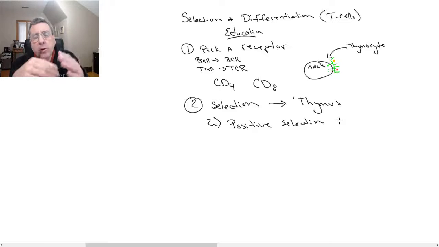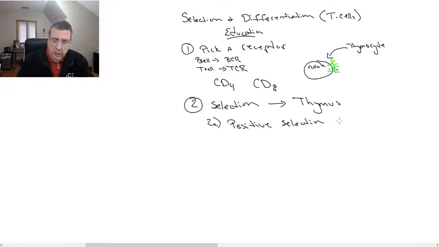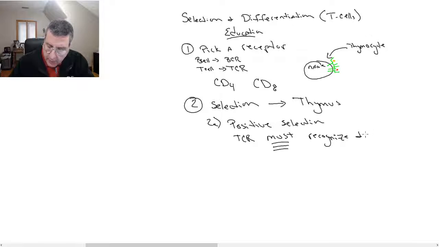What positive selection is: the TCR must, definitely a must, recognize and bind with MHC.